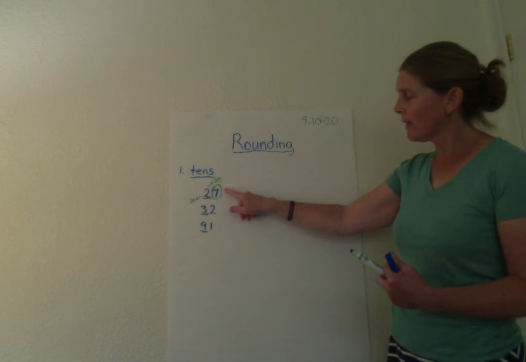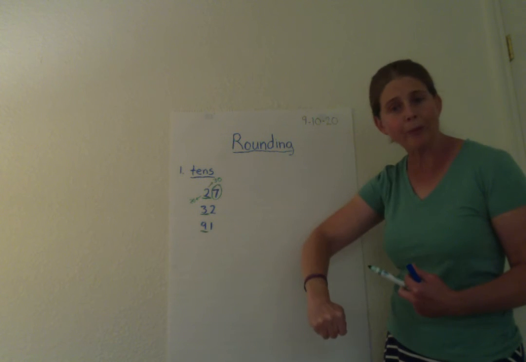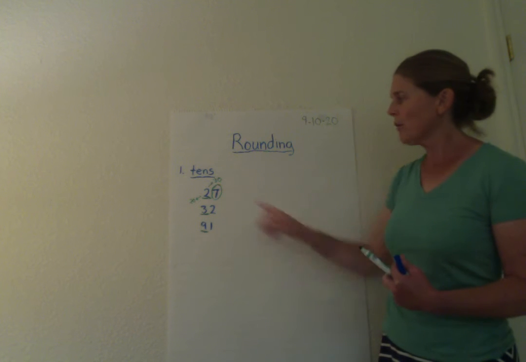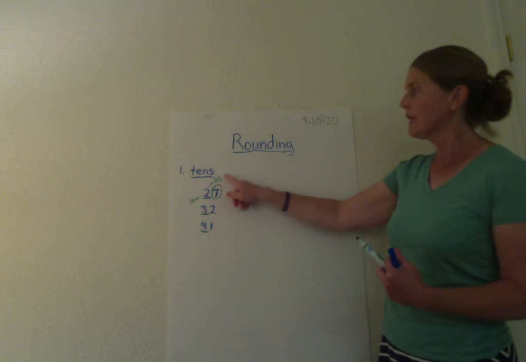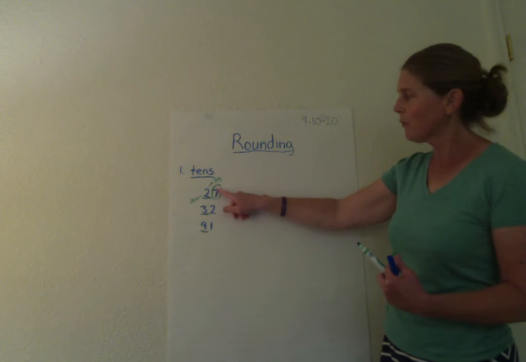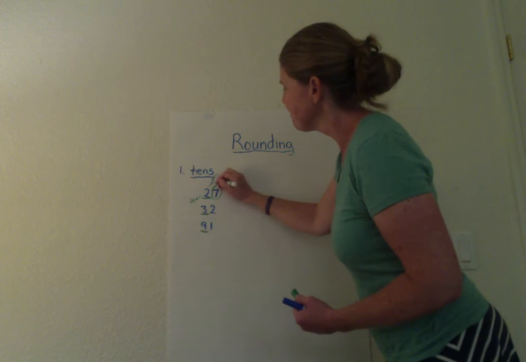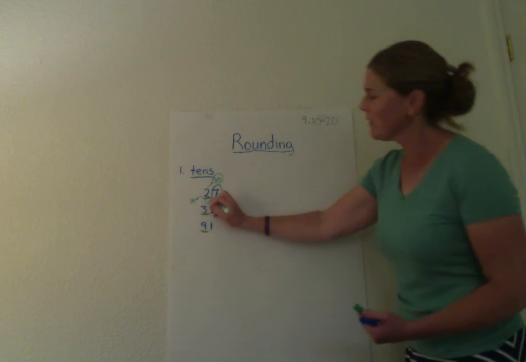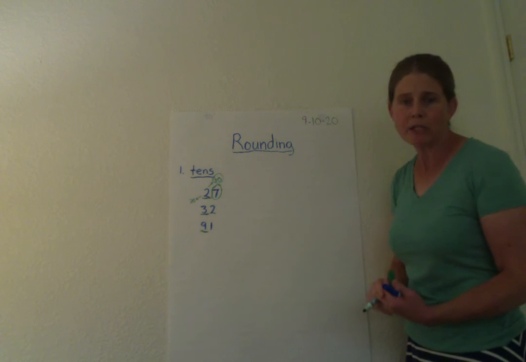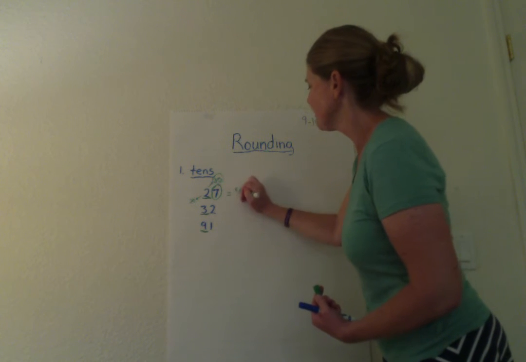Or is 7 closer to nothing, to 0, which would make me round down? Well, I know that 7 is on its way up. It's super close to 10. So that tells me that I'm going to round up. That means that 27 rounded to the nearest 10 would equal 30.